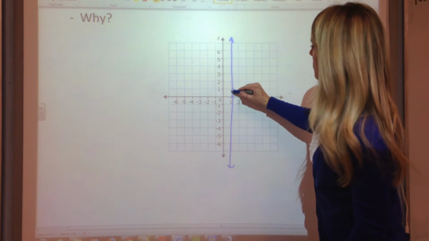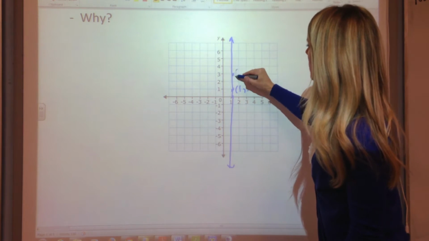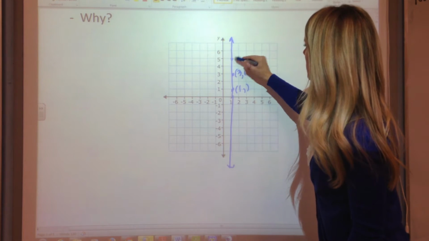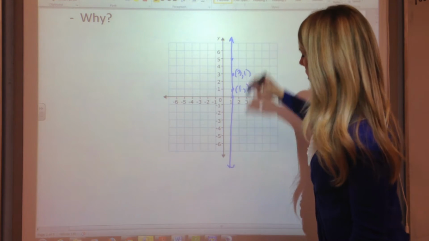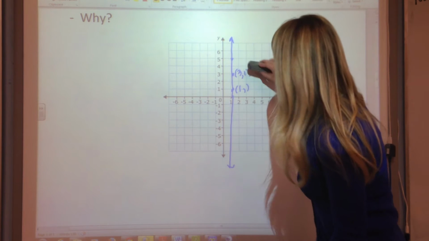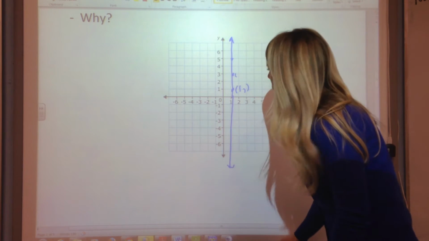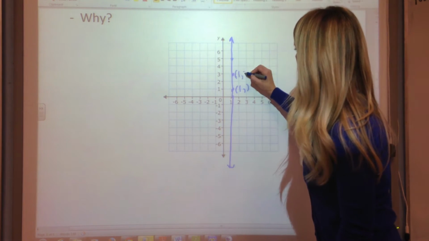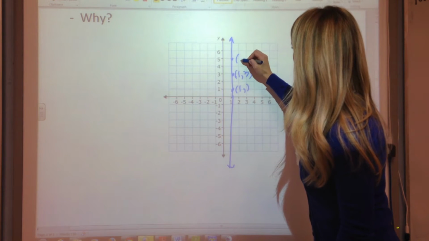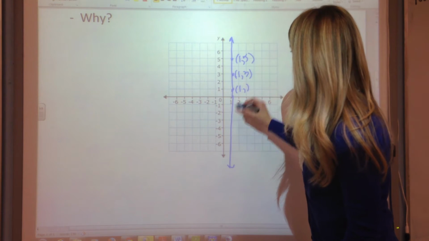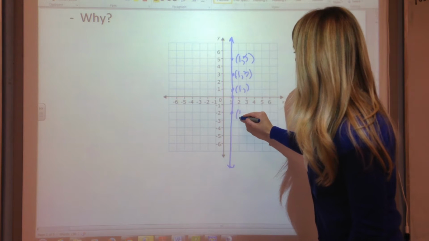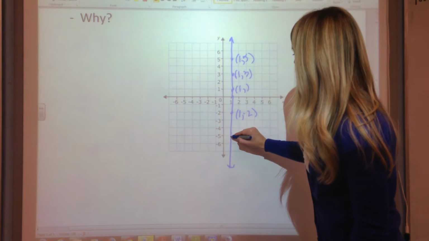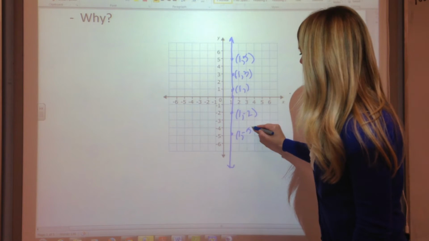So if I go to label some points, (1, 1), (1, 3), (1, 5), (1, -2), (1, -5). You get the idea again.